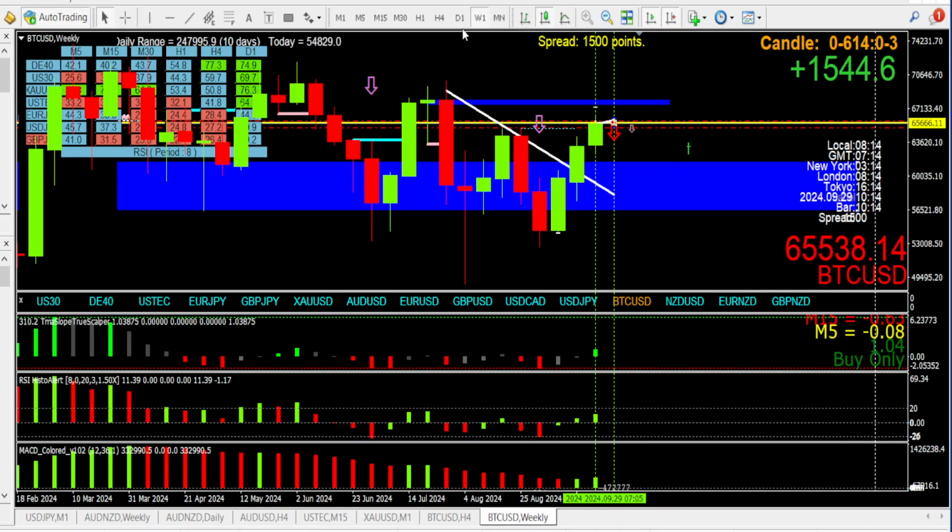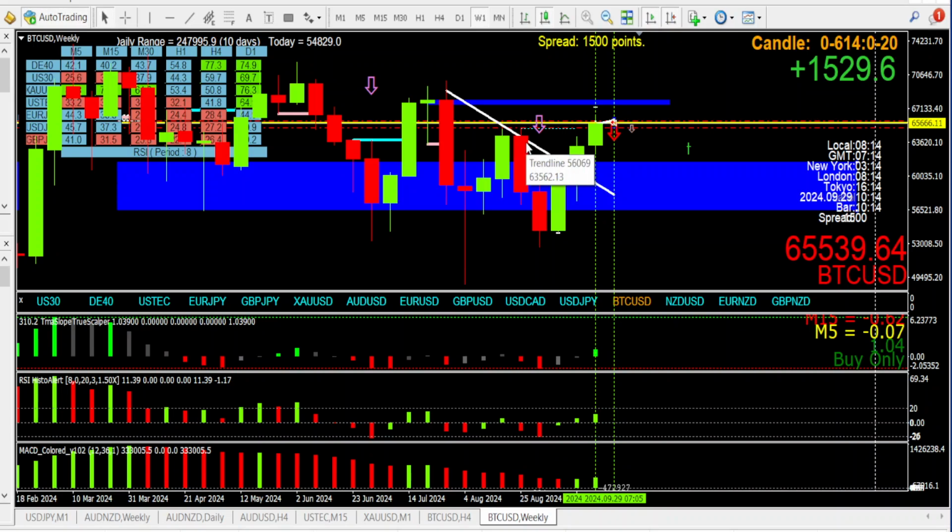So I'm thinking we've broken this level, and maybe we're going to pop back to test this, not today, but towards the start of this week, tomorrow, and the next day. So this is too far away.